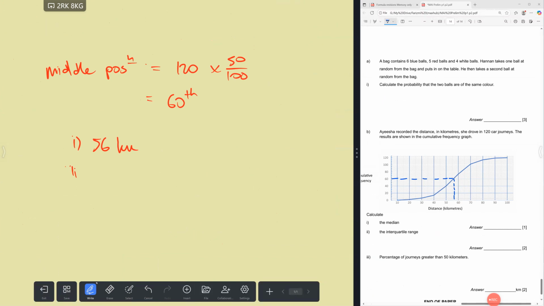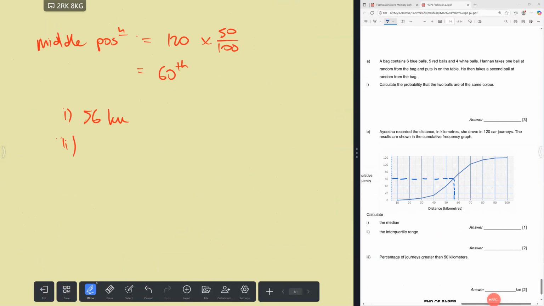Next, part 2, the interquartile range. To find the interquartile range, you need to understand it consists of 2 parts. It's Q3 minus Q1. Q3 is your upper quartile, which is actually your 75th percentile. Q1 is actually your lower quartile, which is your 25th percentile.